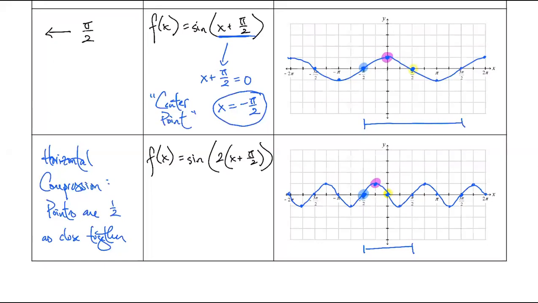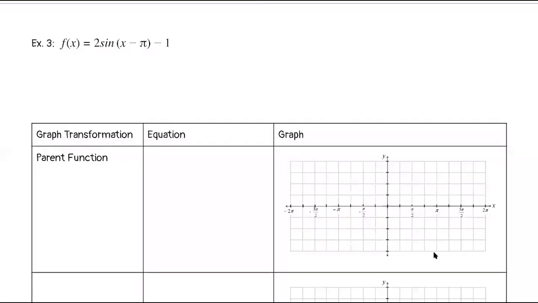Okay, so let's do this. All right, so one more example with sine.